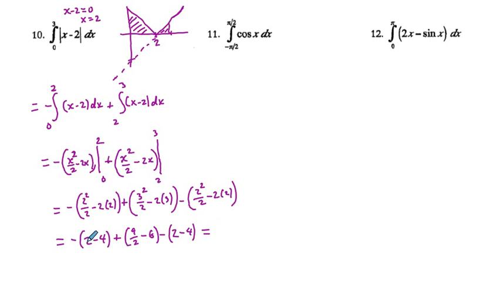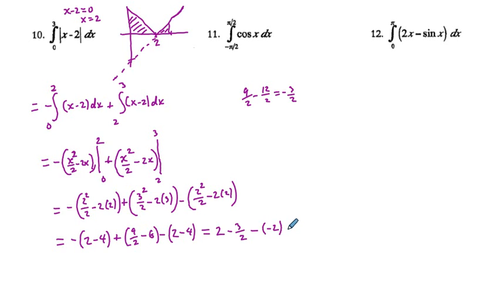We're going to have negative negative 2, so that's positive 2, and we have 9 halves minus 6. Now 9 halves minus 6 is the same as 9 halves minus 12 halves, which is negative 3 halves. So we have plus negative 3 halves, minus negative 2.